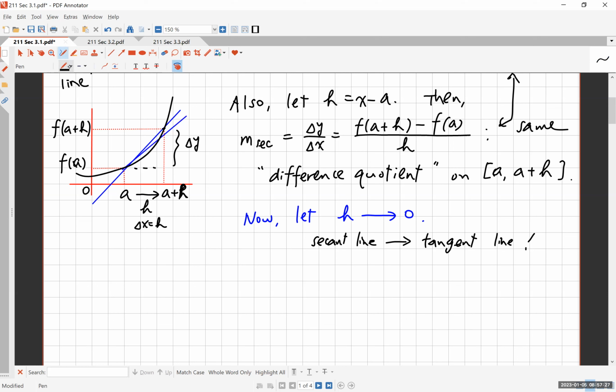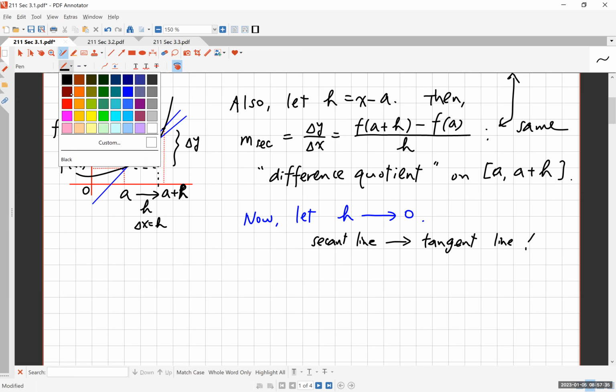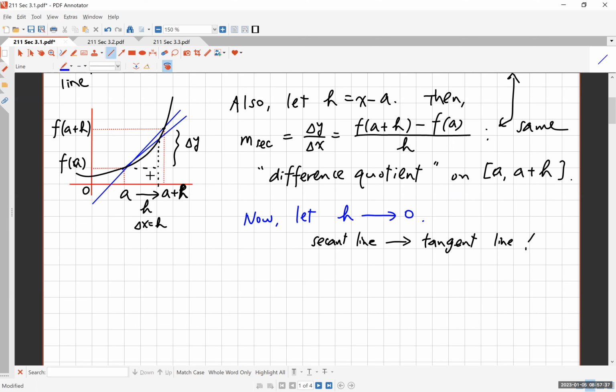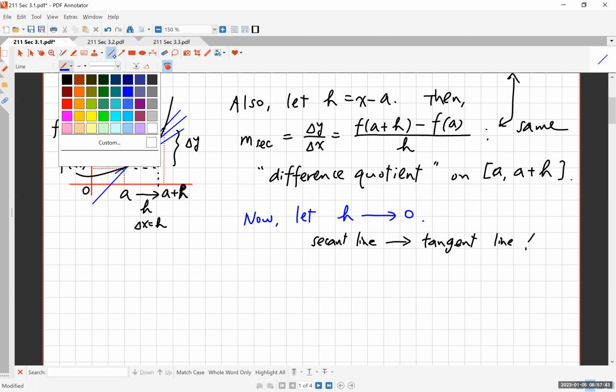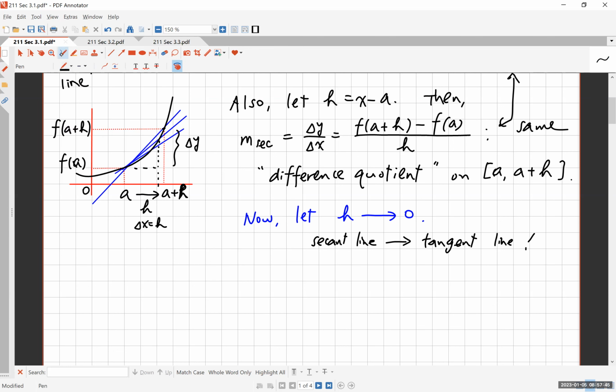Okay, so what am I saying? I am saying if you pick this point here, h is a little smaller. Now you have a new secant line. And if you pick another point here, then you get another secant line. So now here h is a little smaller and we have another secant line. If you continue to do this, this is secant line 1, 2, and 3.